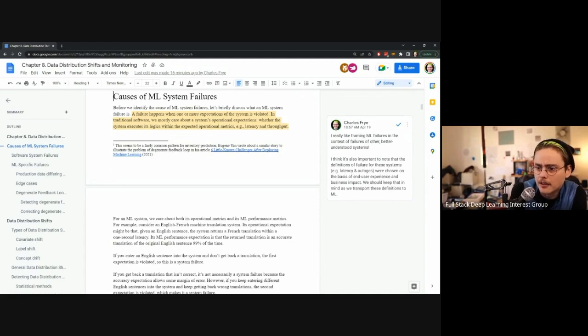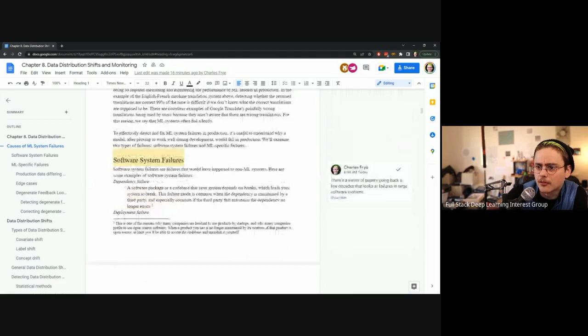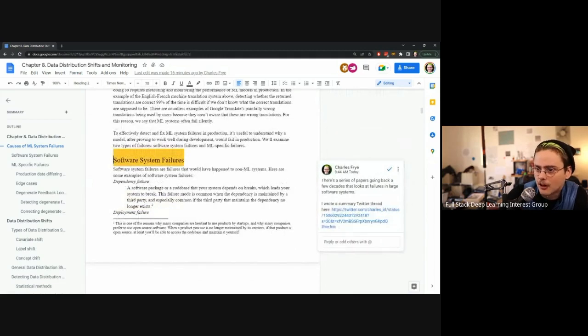So there's a long lineage of work on the causes of system failures. And this section here on ML system failures first talks about general software system failures. And I wrote a summary Twitter thread on a bunch of really great papers on this from different engineering disciplines.